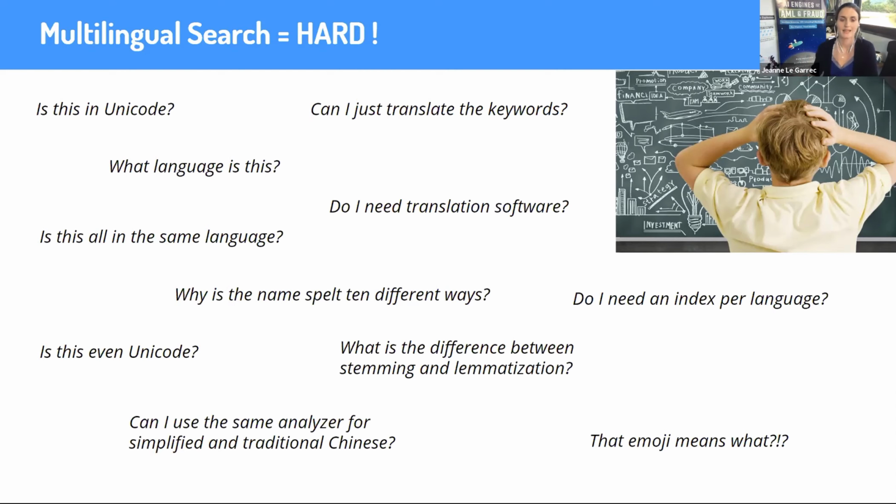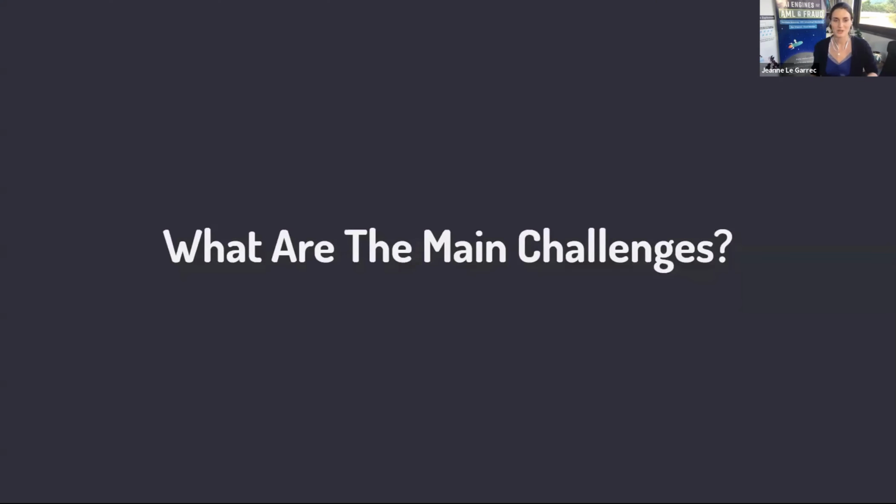That being said, now we're going to look more technically at what that means in the Elastic environment. And I'll let Declan lead with that. Yeah, so we're going to talk about specific technical challenges around multilingual search, and talk about some of the capabilities that you might need to establish in order to actually handle those.